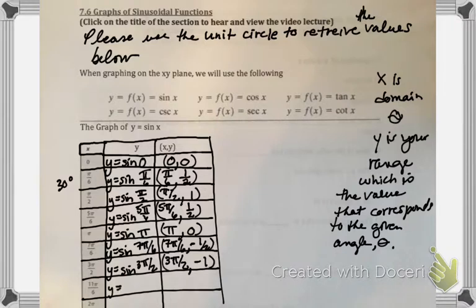Next is y equals sine at 11 pi over 6. Okay, 11 pi over 6 is at 30-degree angle in quadrant 4. Sine is negative in quadrant 4. So I get 11 pi over 6, comma negative 1/2. And finally, sine at 2 pi. So y equals sine at 2 pi. That's the same as 0. It's 0. So I get 2 pi, comma 0.